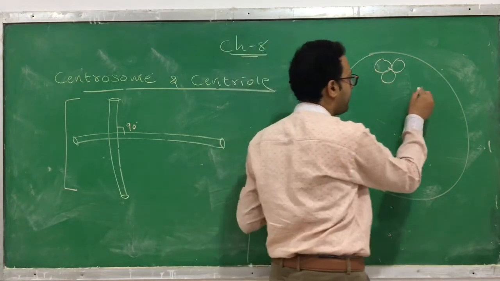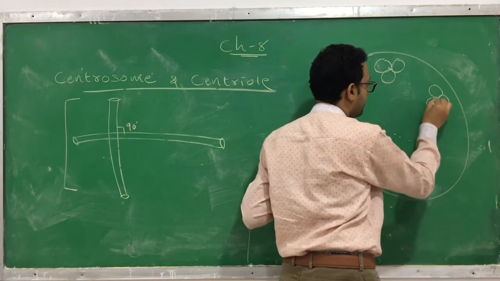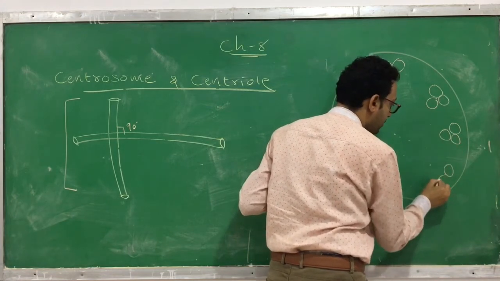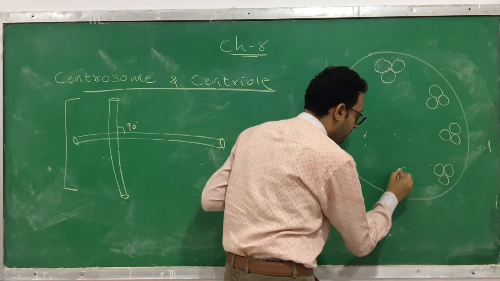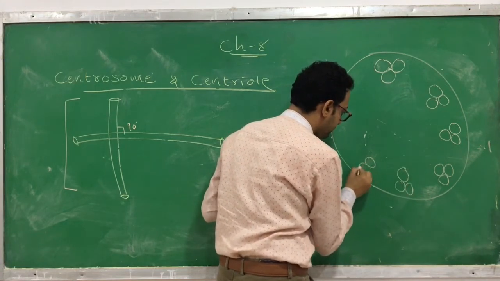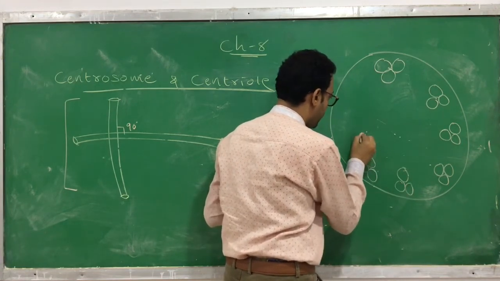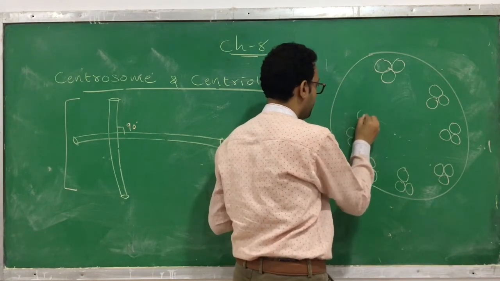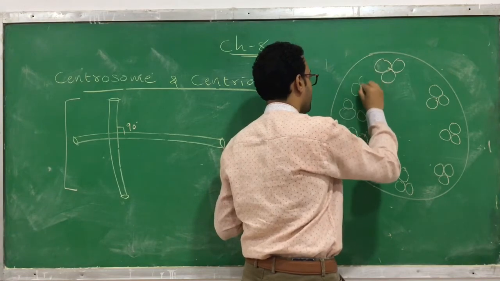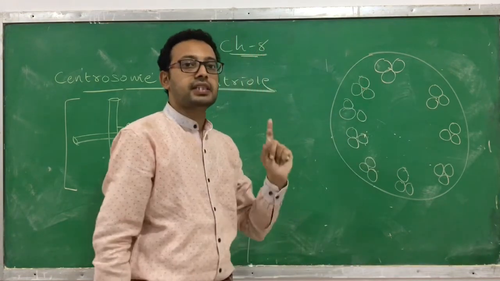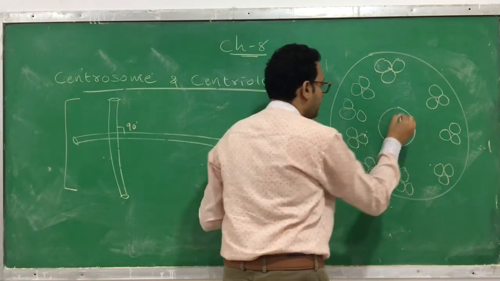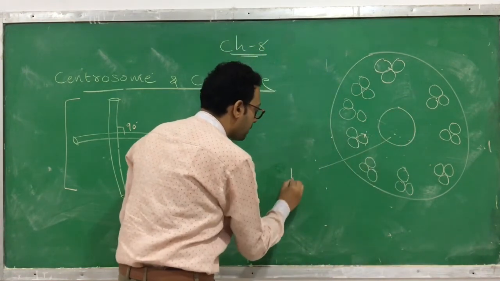So this is the first triplet, this is the second triplet, similarly the third, the fourth, fifth, sixth, 7, 8, and this is the 9th. 9 triplets are present, and in the center there is a structure. This center is called the hub.